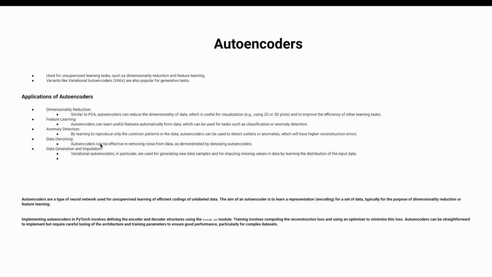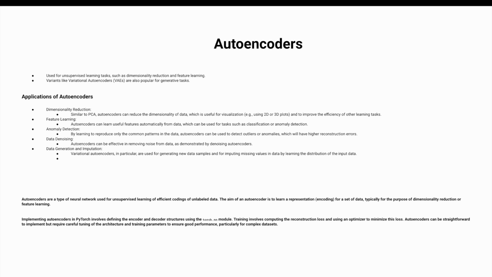Autoencoders can also be used in data denoising, and can be effective in removing noise from data, as demonstrated by denoising autoencoders. They can also be used for data generation and imputation.